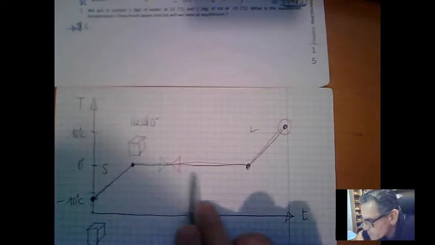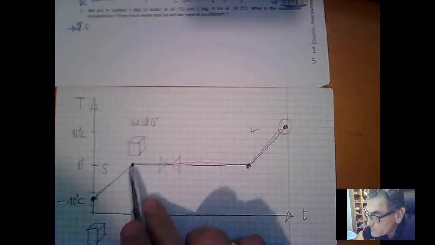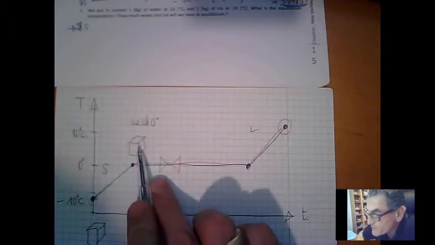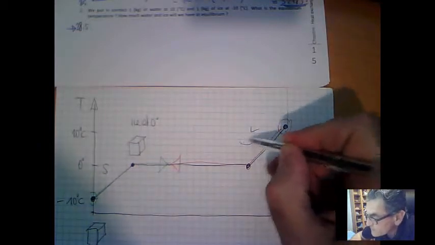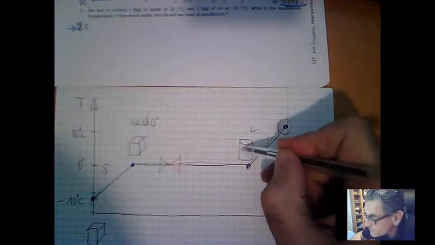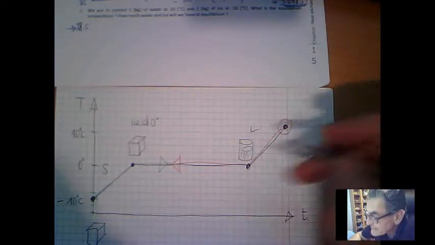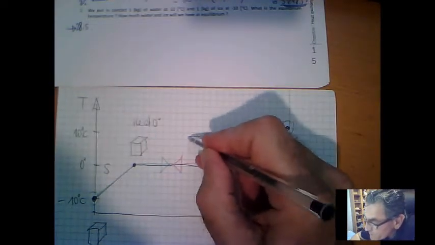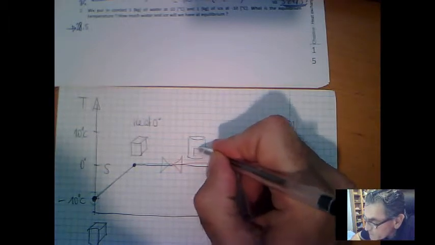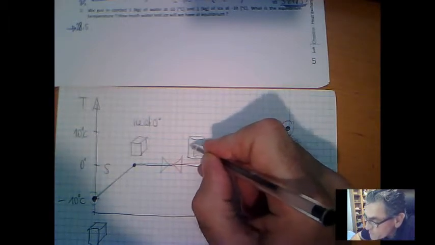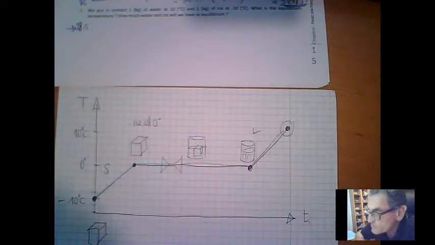And what happens along this plateau? Well, what happens is that progressively the ice melts so that at the end of the plateau, this ice is now liquid. Okay? And what do we have in the middle of the plateau? Well, in the middle of the plateau, we have some ice which is still there and some water which is already formed.